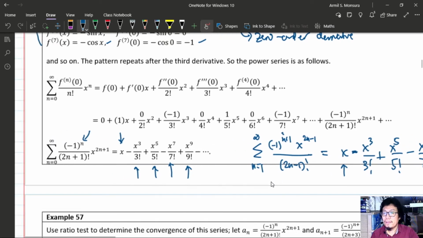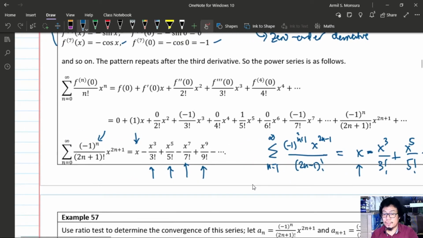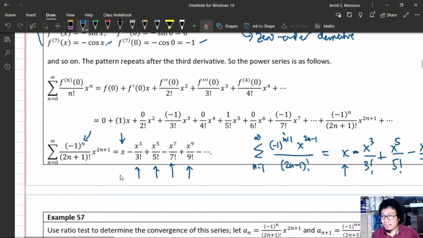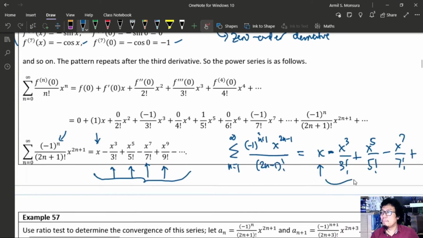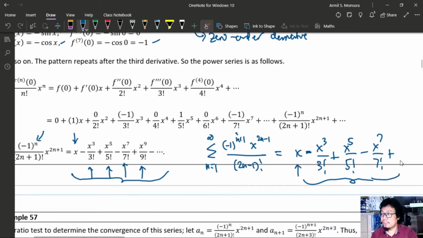Now, which is correct in this case? Since you are arriving at the same set of terms for either series, both are correct.